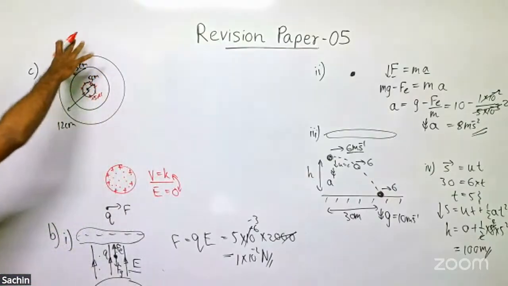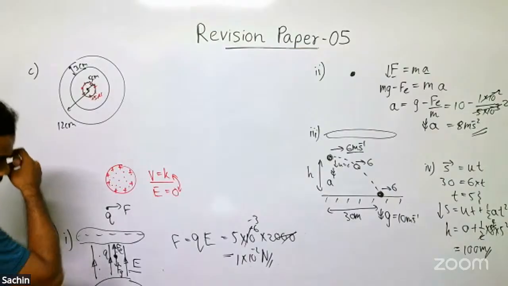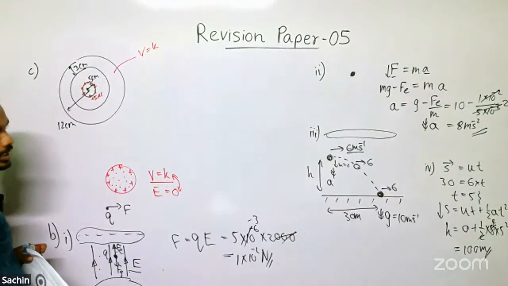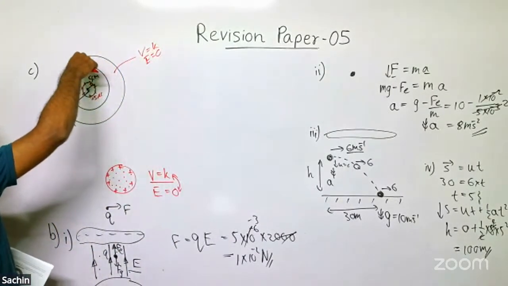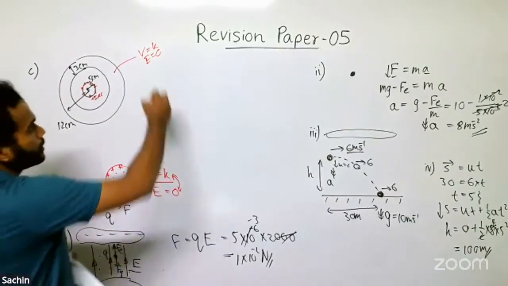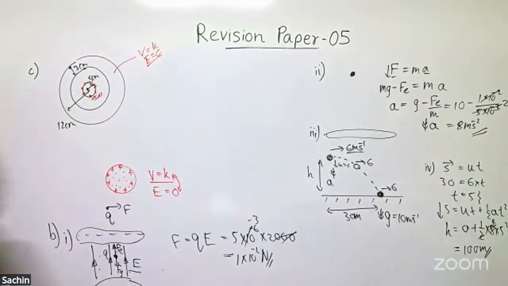Now when you consider this external shell, the same thing should be ensured. The potential inside should not change, which means the electric field will be 0 inside. So within the space of this shell, the electric field should be 0. If the electric field is 0, what should happen?